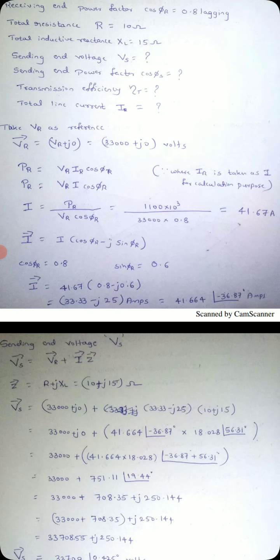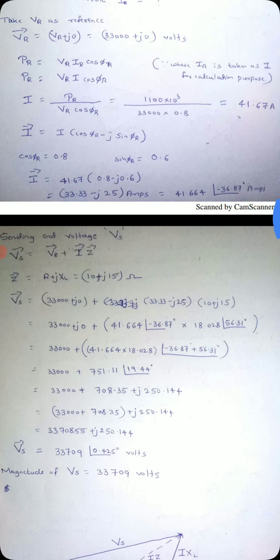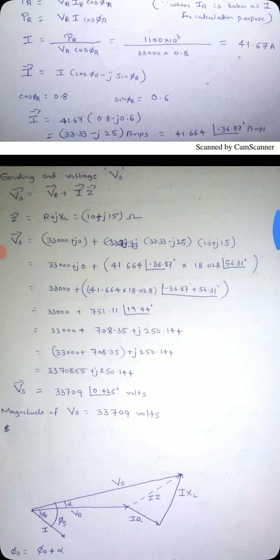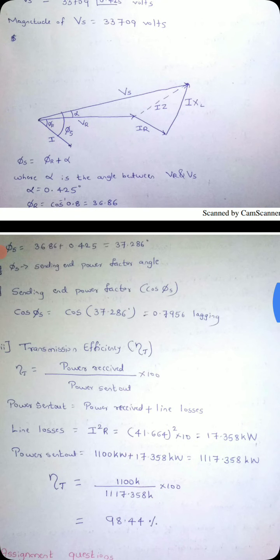After finding Vs, you will get the angle alpha. Then find phi s, the angle between I and Vs, by adding phi r plus alpha. Once you know Vs, find the losses. Once you know the losses, you can calculate the sending end power, and the efficiency is receiving end power divided by sending end power.